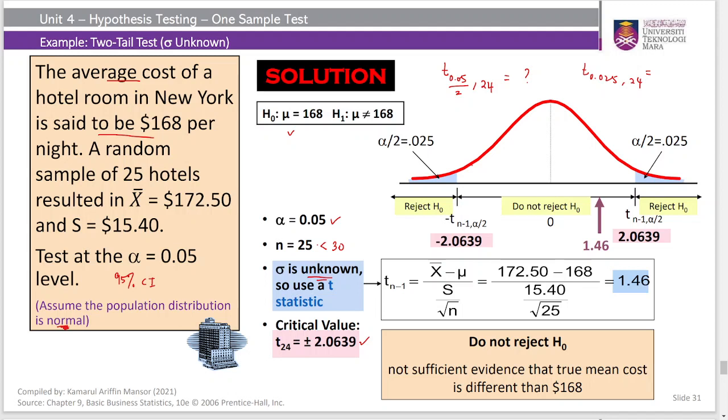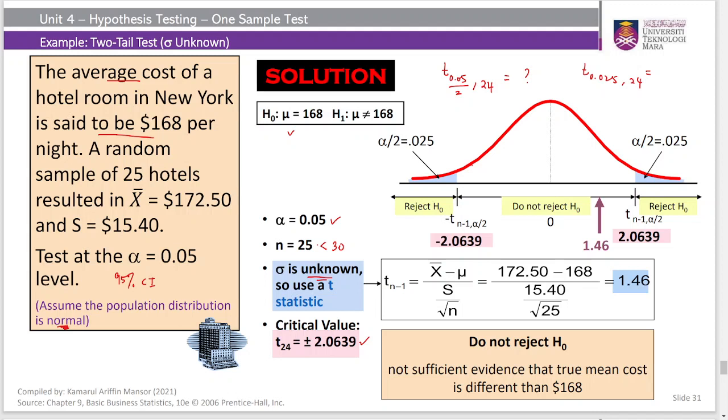And s and x bar here are estimated or calculated from the sample data, and this has been given to you in the question. If it is not given to you in the question, that means you have to search for the value in the output, or you have to calculate this value yourself manually. In our case right now, in this example, the value of x bar and the value of s are already given. So you just need to substitute the values into the formula.